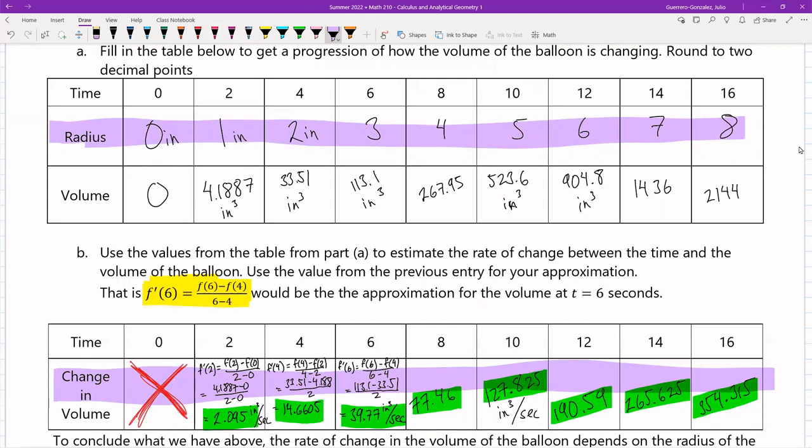This is the point behind related rates: the rate of increase for one variable is entirely tied to the rate of increase or decrease of another variable. In the example I just gave you, the rate of change in the radius is entirely tied to the rate of change in the volume of the balloon.